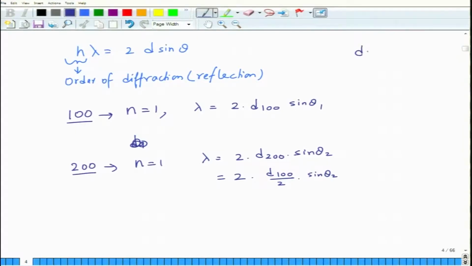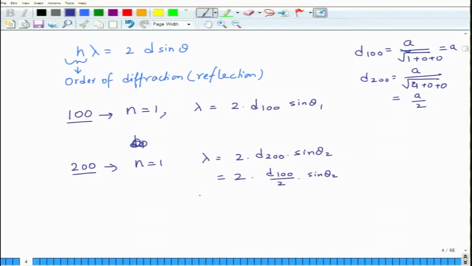because d 1 0 0 is a divided by square root of 1 plus 0 plus 0, and d 2 0 0 is a divided by square root of 4 plus 0 plus 0. Okay. So, you can see that d 2 0 0 is half of d 1 0 0.